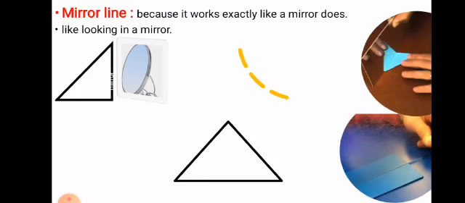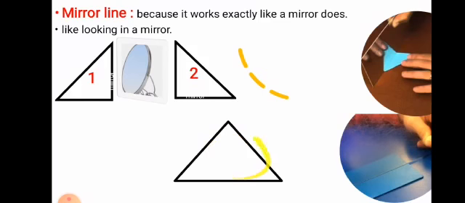Actually, because it works exactly like a mirror does. So, if you put your shape in front of a mirror, what can you see? Very good. You will see the reflection of your shape over here. Or you will see the same image of your shape here.